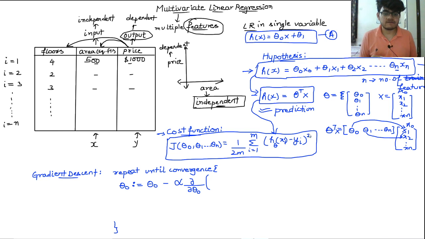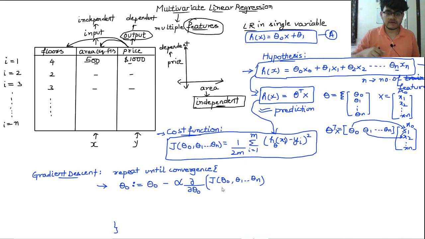And we know on simplifying, when we try to differentiate it, it will be like this till theta n. If you reduce this term, you can take the partial derivative, which will cancel this 2 here.